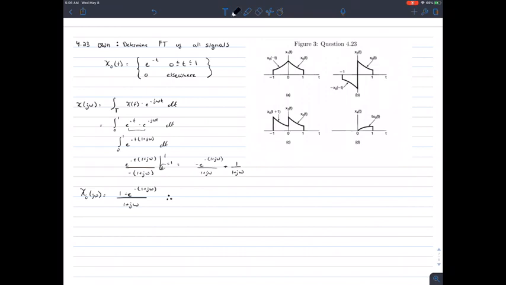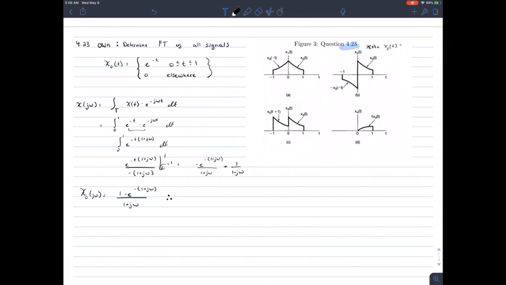So in part A, we had already derived the x naught of t's Fourier transform. Now part B, we have x of t. Just in case you don't know where my pen is, x of t is equal to x naught of t rotated and flipped.